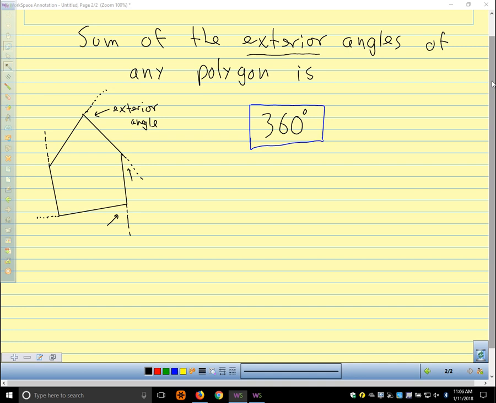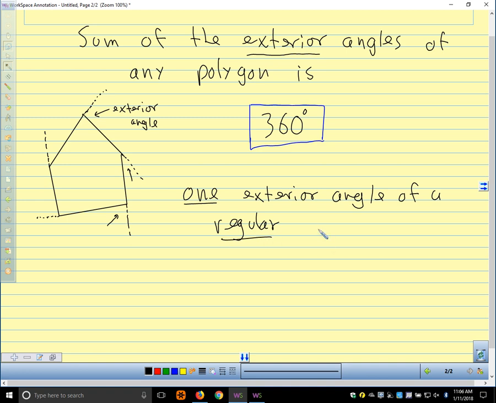And now we're going to be able to find one exterior angle for a regular polygon. Well, all of them together are 360.